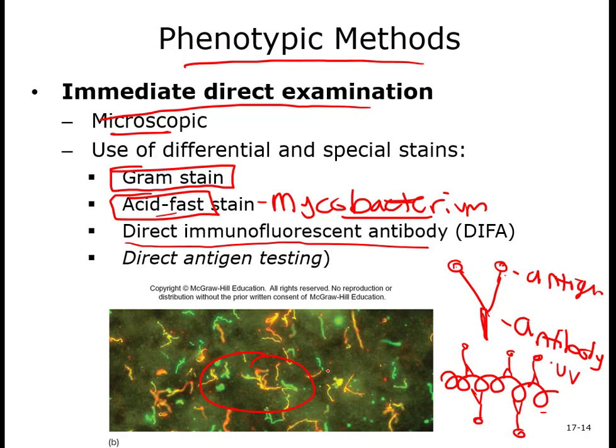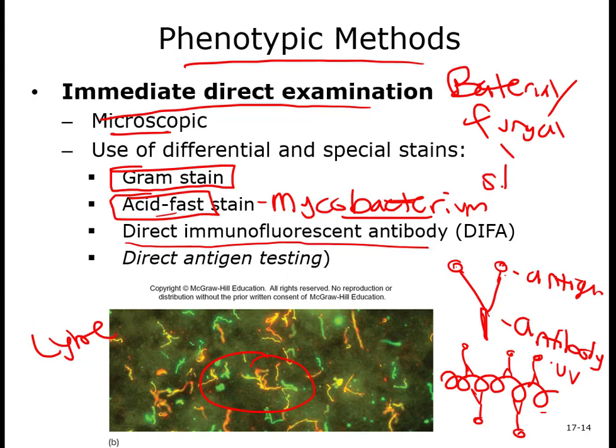So this could be done for something like Treponema, or they do this a lot for Lyme disease. If they're looking for Borrelia, another spirochete, they can use this immunofluorescent testing. Another time we might use this direct microscopy examination is if we need to differentiate if the pathogen is either bacterial or fungal. A lot of times they'll do this for skin infections.